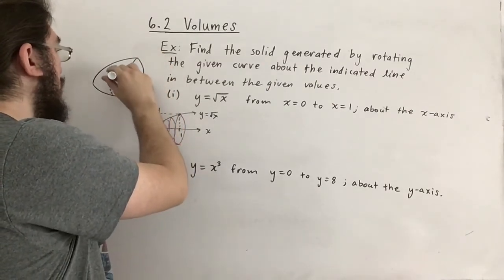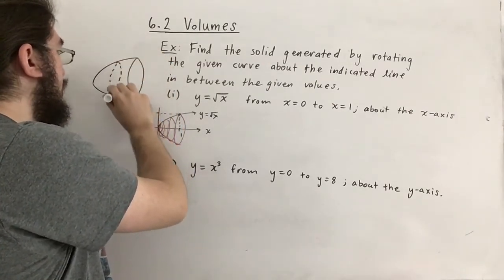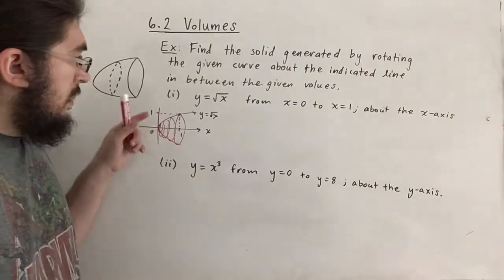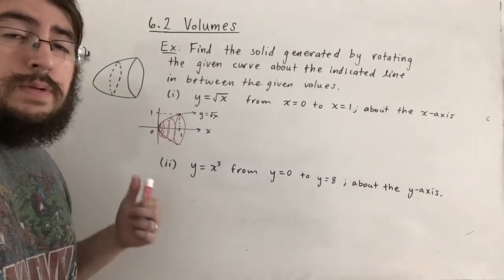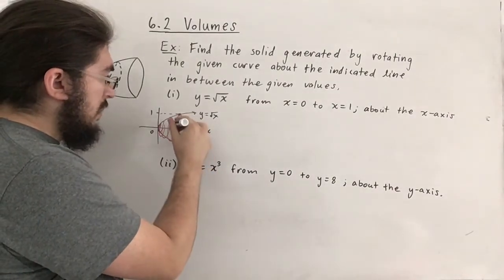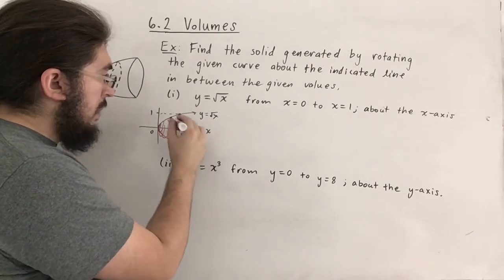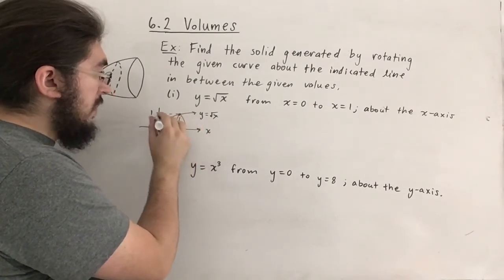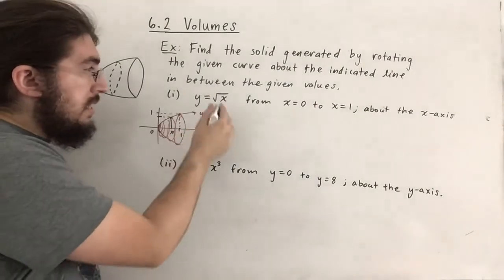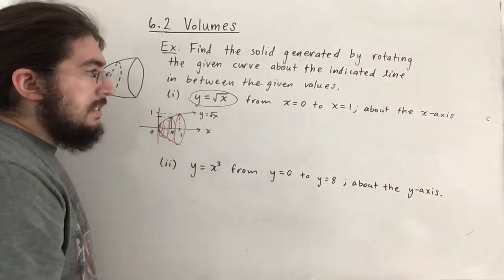And then the cross-sectional region is just a circle, notice. In fact, that's the main idea, that since we're rotating, our cross-sectional image will always be a circle. And the radius of that circle is just the height at that point x, which will just be the function, because really the height is y, and y is given by this curve, radical x.